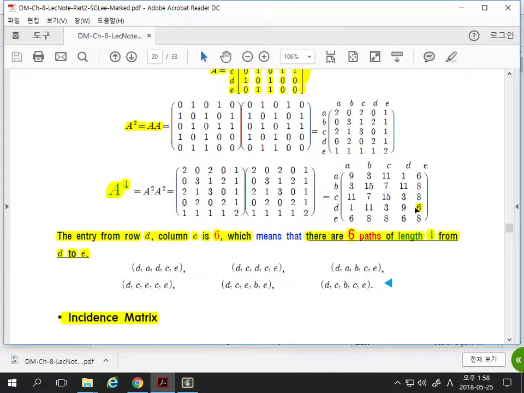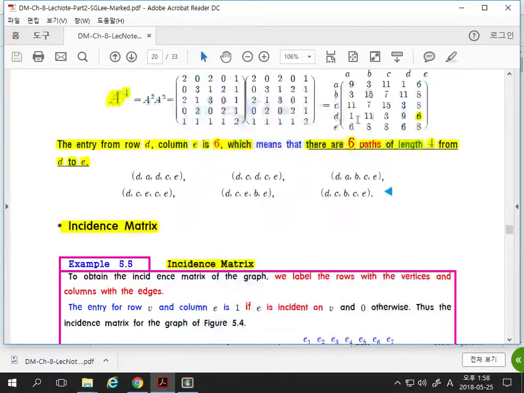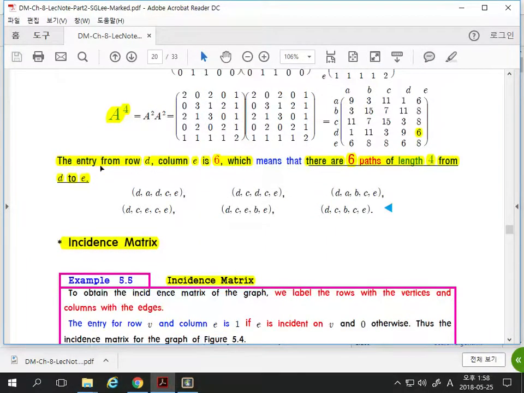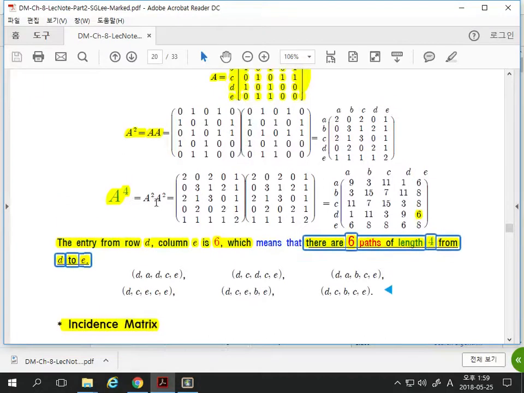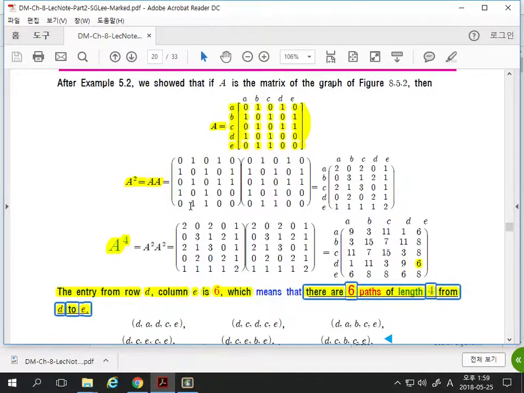For example, if we have a 6 here in A fourth from D to E, what that means is the entry from row D and column E is 6, which means there are 6 paths of length 4 from D to E. Like the fourth power, if we have a 6 here, then we have 6 paths of length 4 from D to E. This is some information that you can draw from the adjacency matrix.